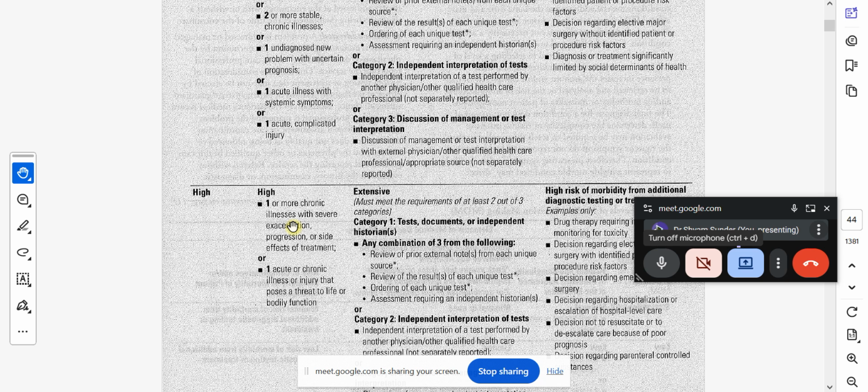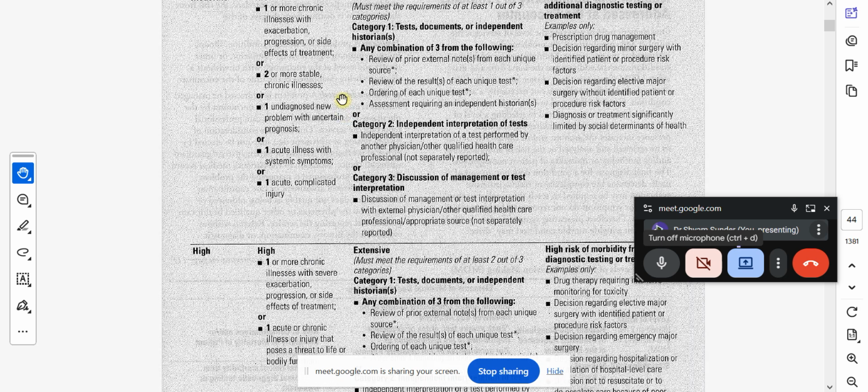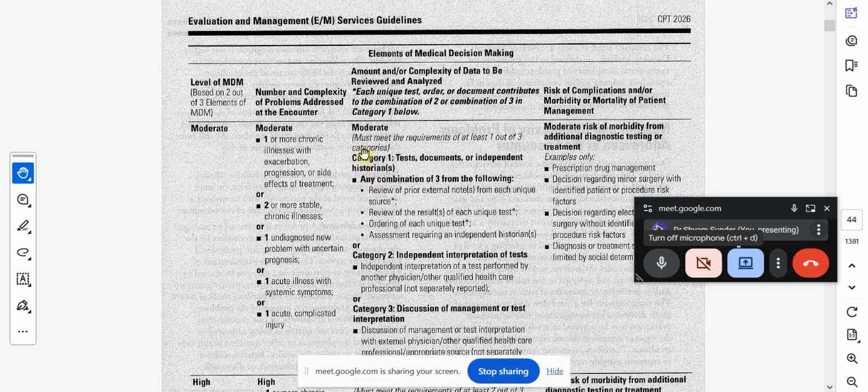Why is it not high? Not life threatening. Please remember, identifying straightforward and high is very easy, because high is life threatening, straightforward is very minimal. But the only problem is with differentiating the low and the moderate problem. That's where the actual confusion starts.